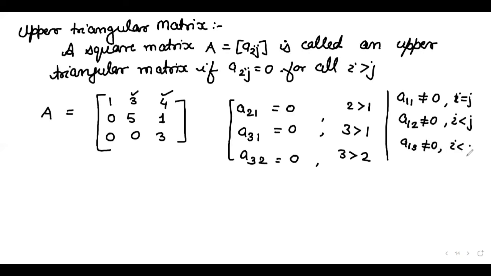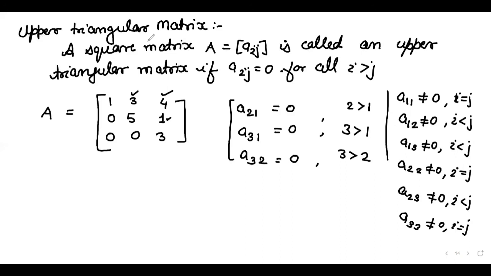Here i is less than j. Similarly, the a22 position is not equal to 0 where i is equal to j, and the a23 position is not equal to 0 where i is less than j, and the a33 position is also not equal to 0 where i is equal to j. So an upper triangular matrix has aij equal to 0 for all i greater than j, and it is a square matrix.